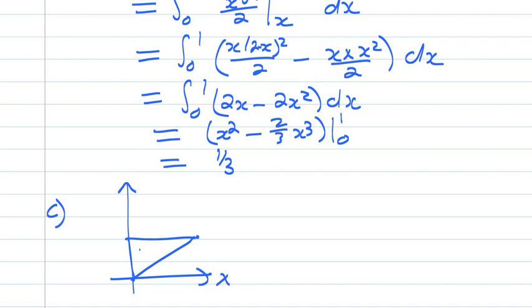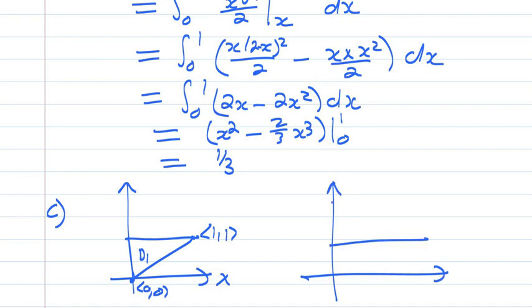So we're going to have region D1, which is the bottom half of the triangle, from 0, 0 to the point 1, 1. And then we're going to have the top half of the triangle, from 1, 1 to the point 0, 2. So this is D1 and this is D2.